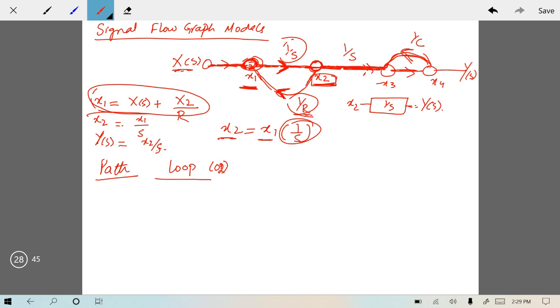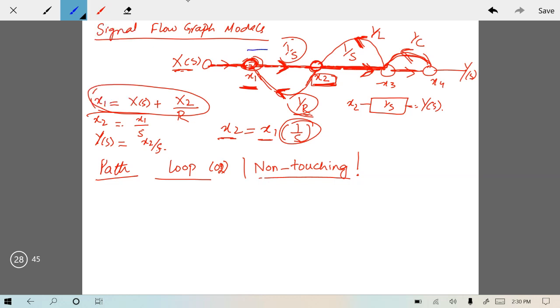Now are these loops touching or non-touching? This is an important thing because it will help you in Mason's rule. Touching or non-touching loops. These are non-touching loops because they do not share any node. However, if there was another loop like this with 1 over L as a gain, then there are total three loops in this signal flow graph.